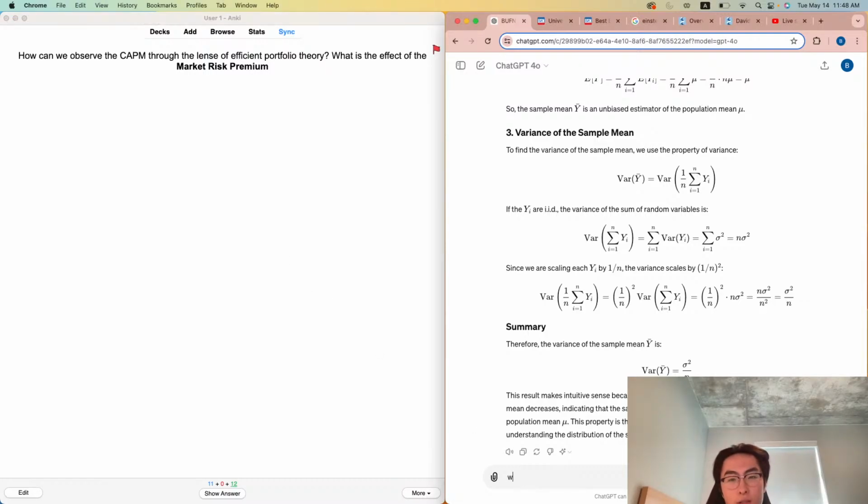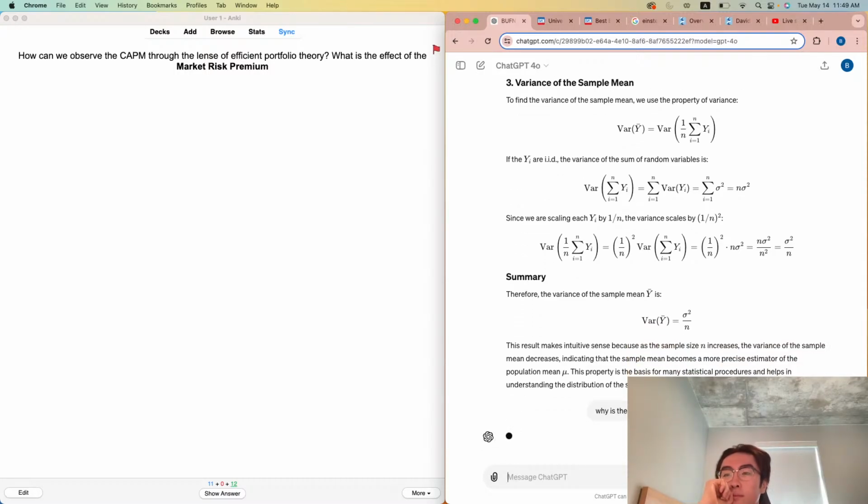Okay, so I'm going to ask ChatGPT, why is the market risk premium the slope of the capital allocation line? So this is something.